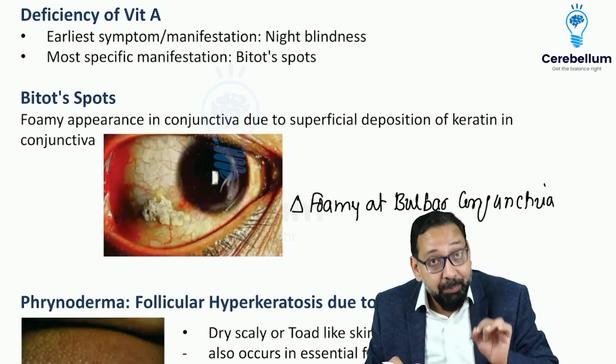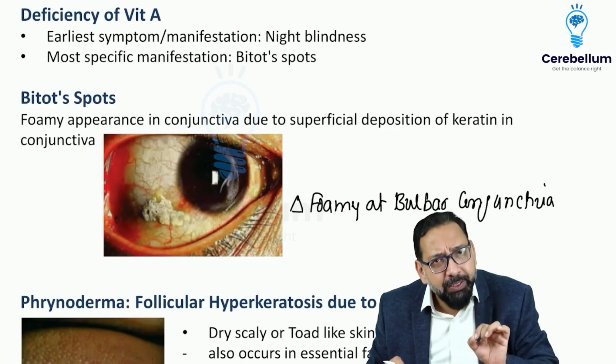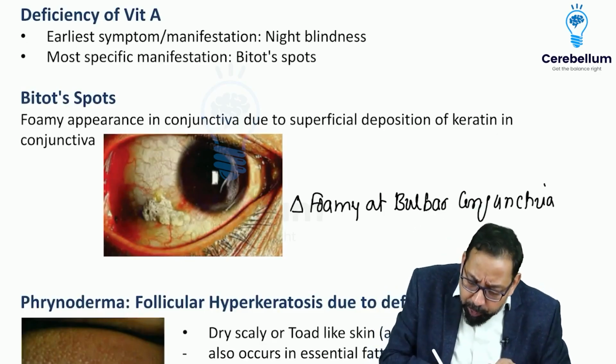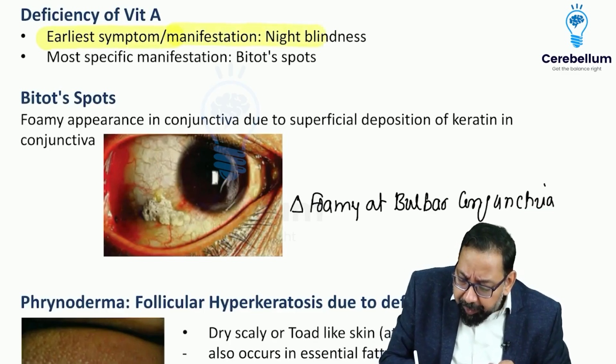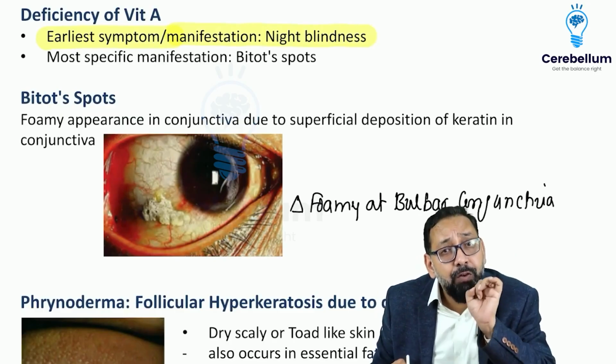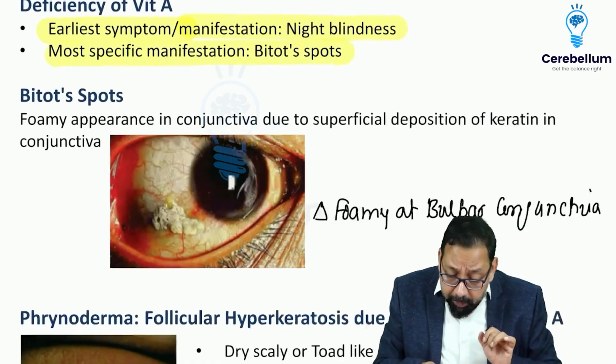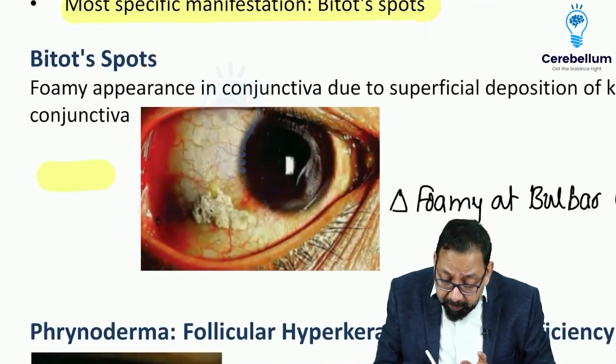Now we come to vitamin A. Vitamin A deficiency, earliest symptom or manifestation is night blindness. Most specific manifestation of vitamin A deficiency is Bitot spots. In Bitot spots, you will find this image-based question.